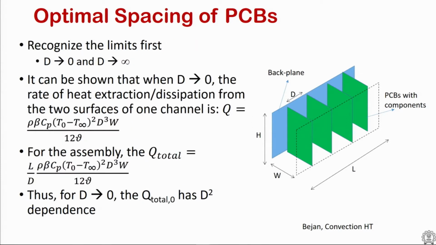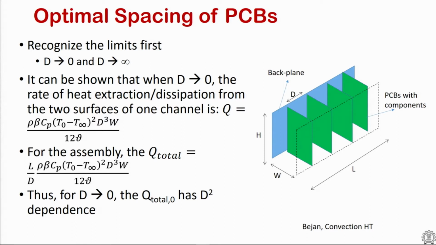As we discussed in the forced convective analysis, we do the same thing. We look at natural convection from two different perspectives. One limit is when the spacing between the plates is 0, and the other is when the spacing between the plates is infinite. When the spacing is infinite, the natural assumption is that it acts like an isolated plate limit.